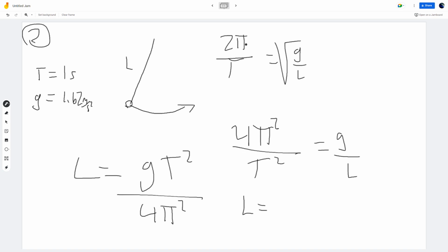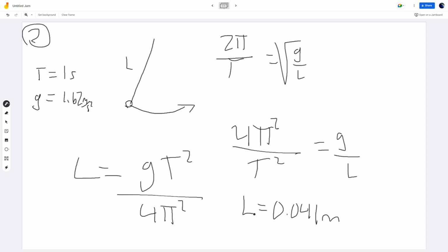So 2 pi over T equals root g over L. Squaring both sides, we get 4 pi squared over T squared equals g over L. And then I'd shove all this onto the bottom, and T squared goes to the top, yeah. Okay, well, then that makes it 0.041 meters in terms of the length.